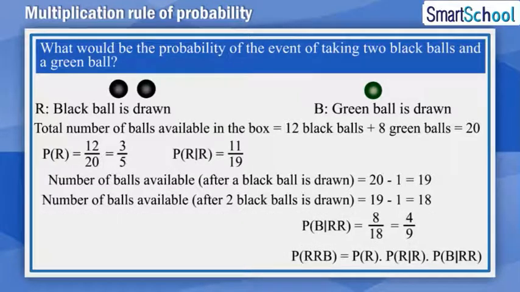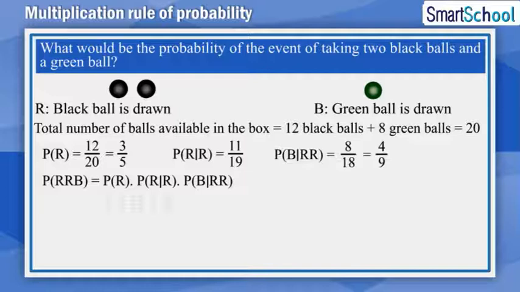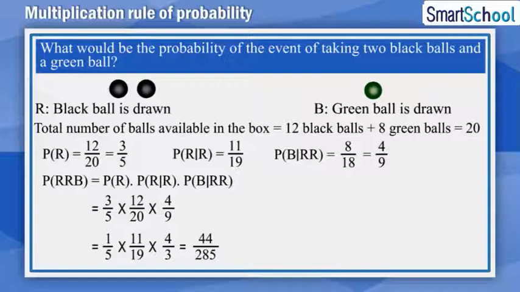From the multiplication rule for 3 events, we have the probability of RRB is equal to the probability of R into the probability of R given R into the probability of B given RR. Substituting the values of the probability of R given R, and the probability of B given RR, we get the expression as shown.